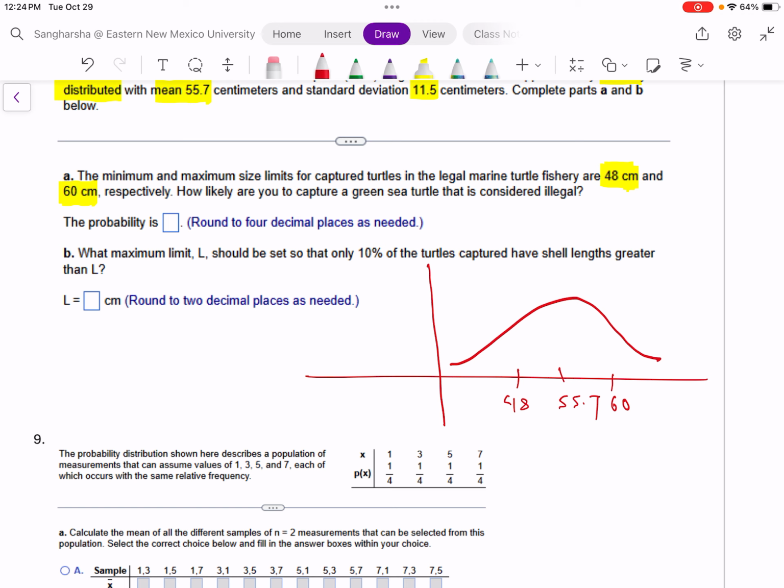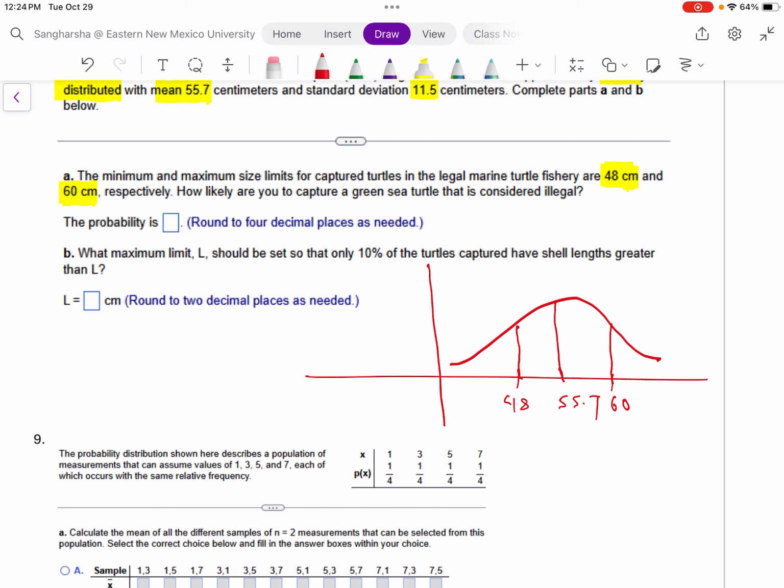Now what will be the correct region? So we have these different regions. Are we finding the area of this middle region? Is that what we want? No, the other. So minimum and maximum limits for captured turtles in the legal marine fishery.